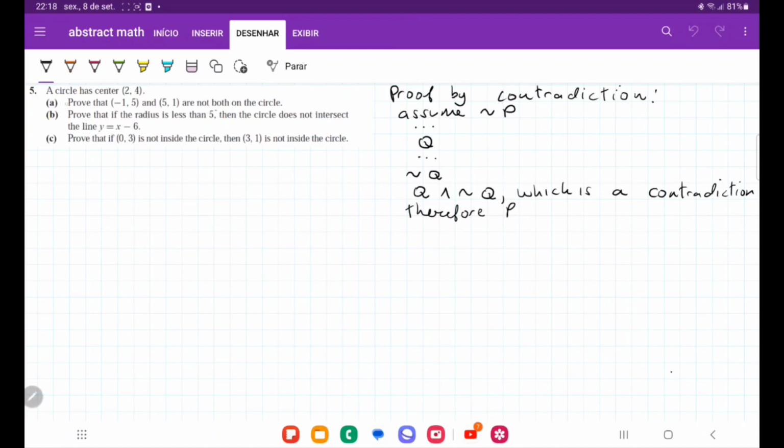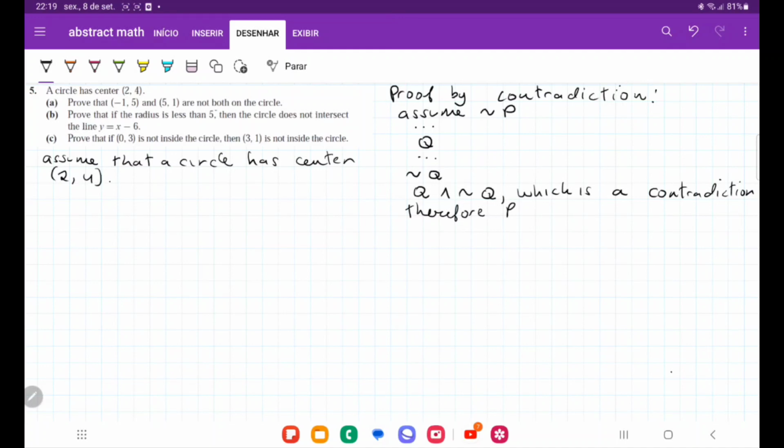So for A, we're given that a circle has center (2, 4). So we're going to say assume that a circle has center (2, 4).